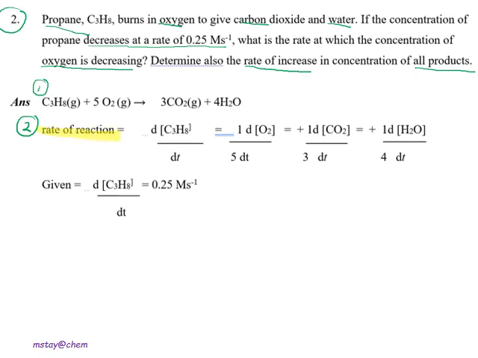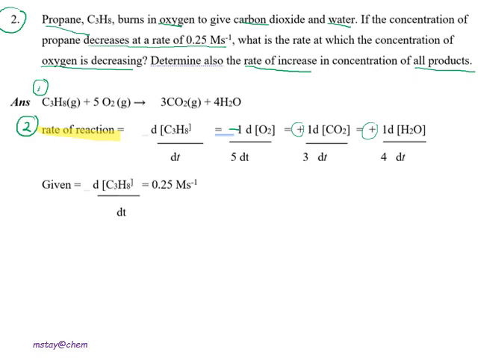And then you put the negative sign for the reactants, which are the C3H8, the propane, and also the oxygen. The carbon dioxide and water are the products, so we are going to put a positive sign.